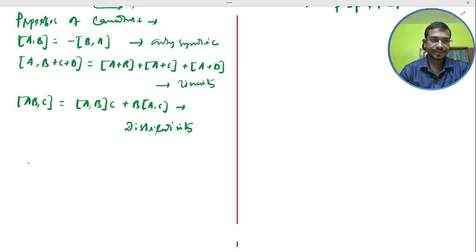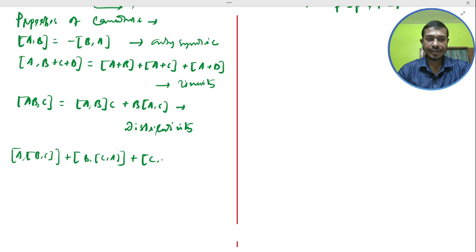That is the commutator of A with BC, plus B with CA, plus C with AB. The total is equal to 0. This is called the Jacobi identity. Very important.